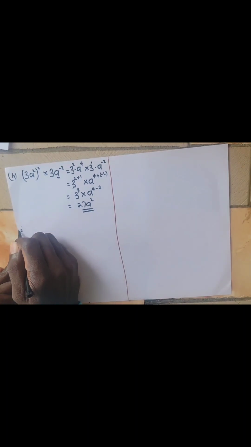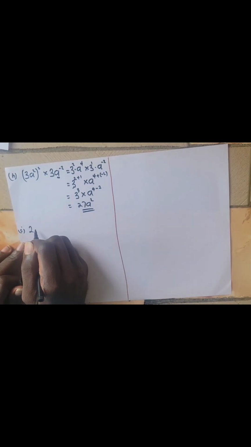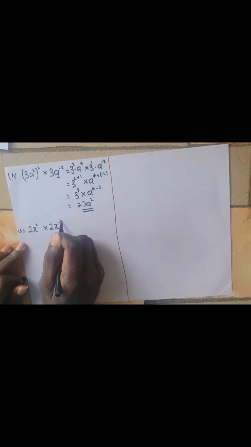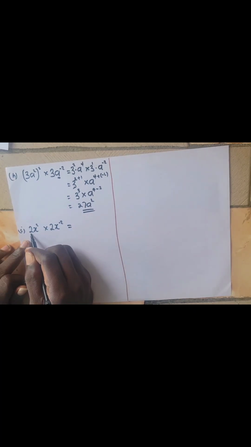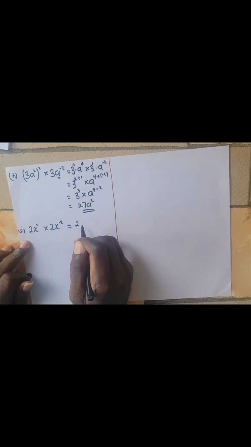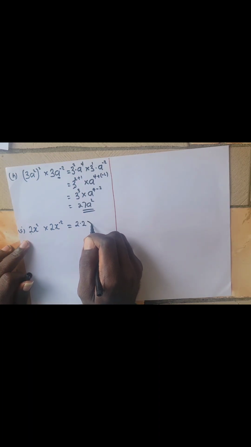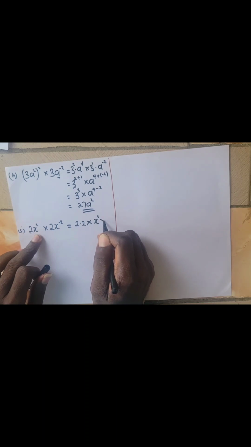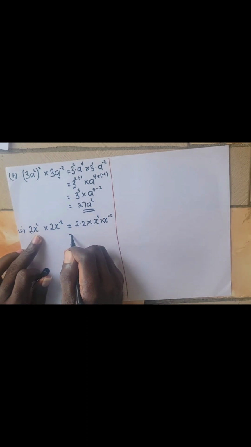I, 2x squared times 2x raised to the power minus 2. This is equal to, bring the 2's together, 2 times 2 times x squared times x raised to the power minus 2.